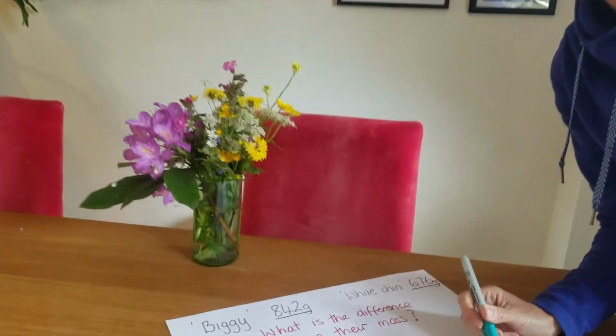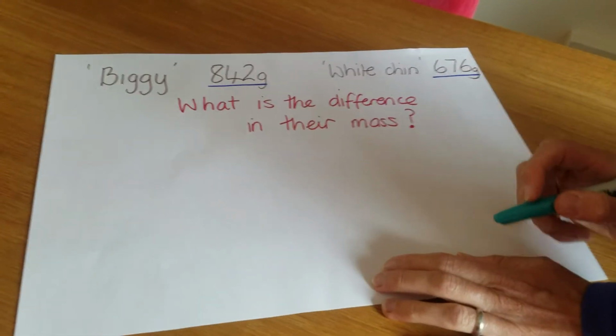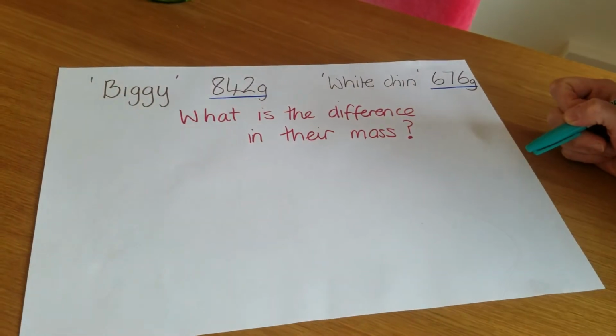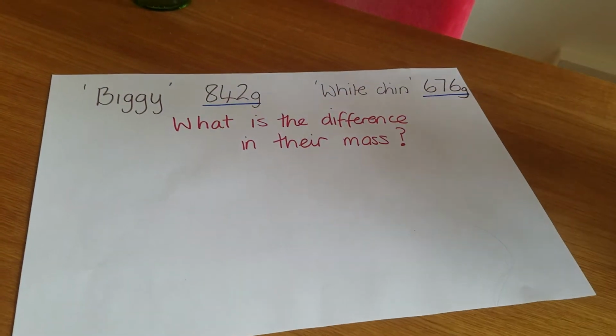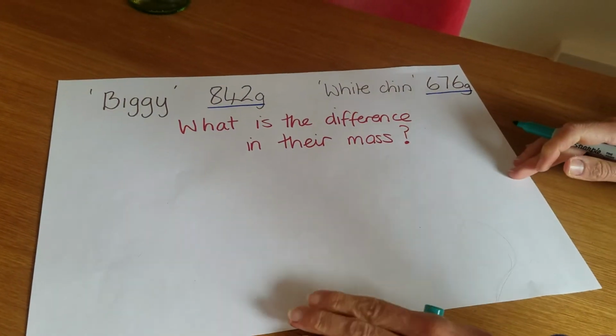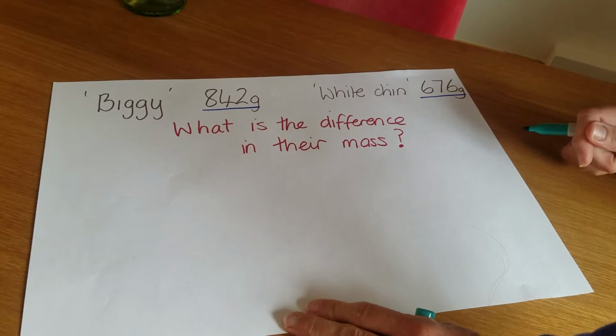So we're now left having a look at this calculation. Biggie is 842 grams. White Chin is 676 grams. What is the difference in their mass? Well, what are we going to do? Have a think. How are you going to find the difference between their mass?